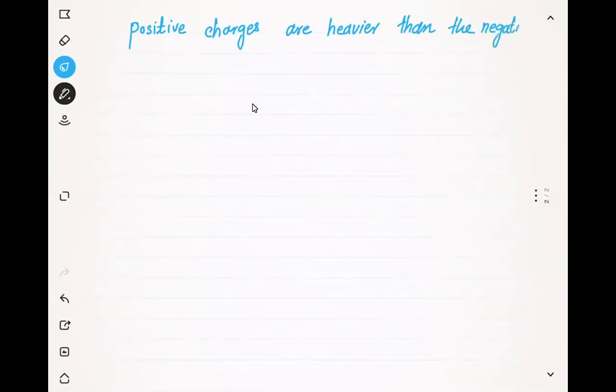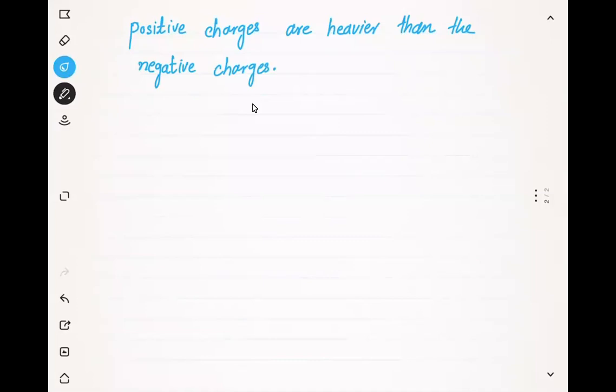Then we have positive charges are heavier than the negative charges.